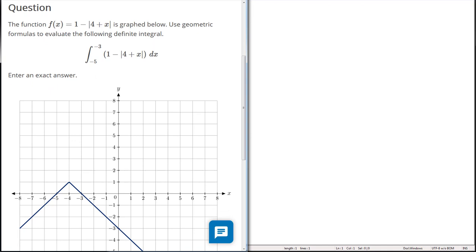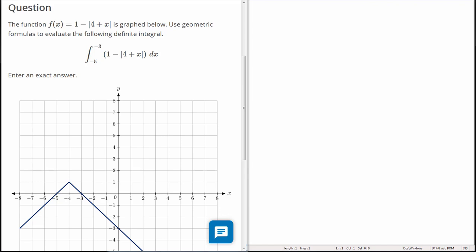So the idea here is that definite integrals can seem really intimidating and hard because of their definition. The definition of a definite integral is the limit of a Riemann sum, and that is a very difficult thing.